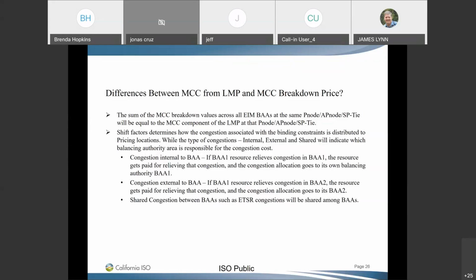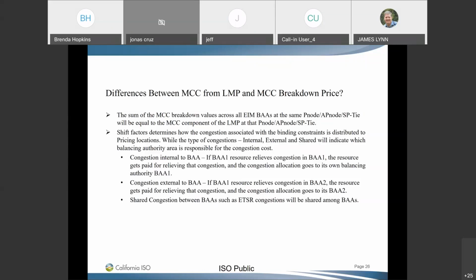That energy, in essence, goes through one or more other balancing authority areas and exports out into another non-EIM area. Well, they use the base ETSR to reflect that transfer of energy between the two or more balancing authority areas.